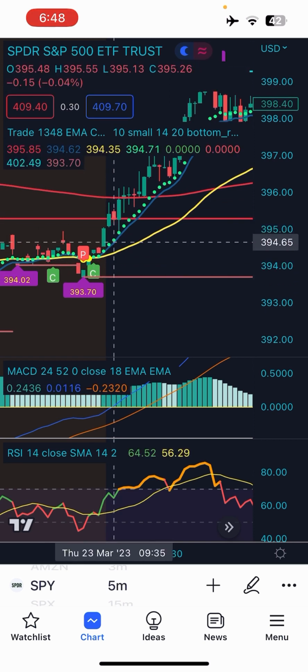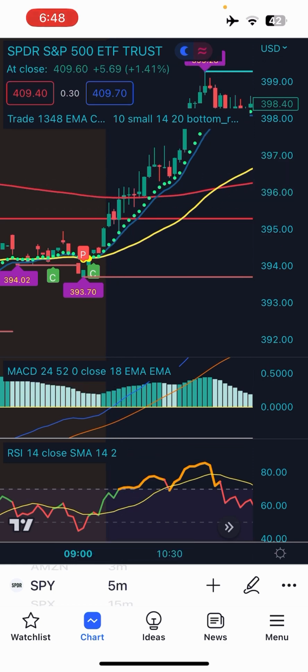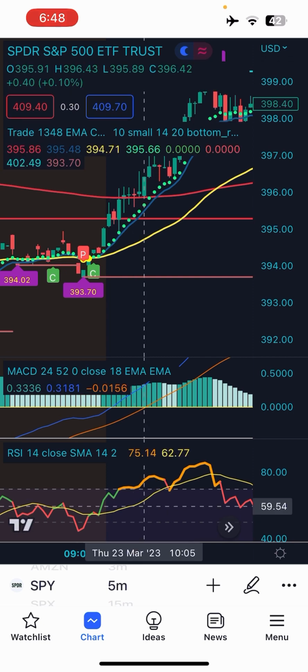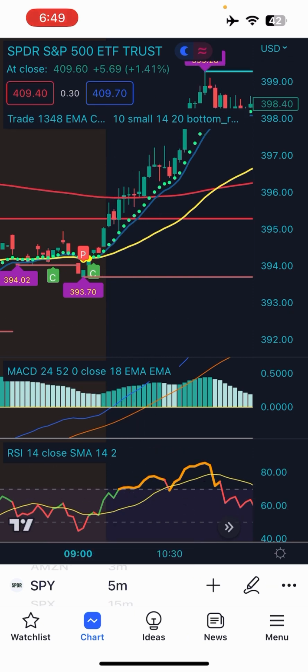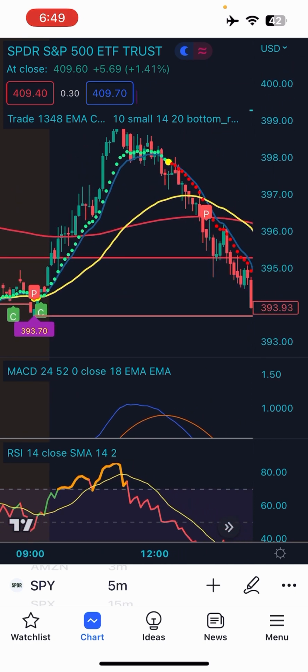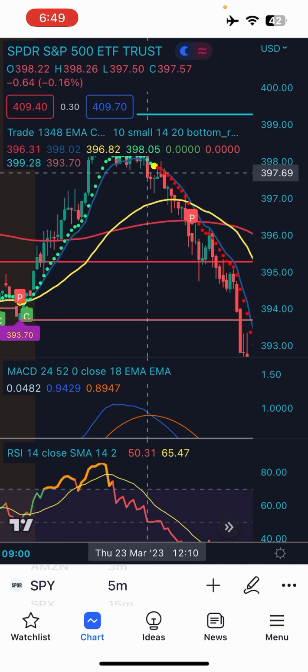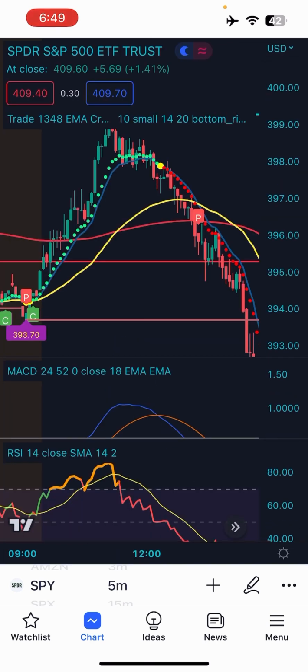EMA crossover. Watch the 200 EMA line. What's the MACD doing at the moment? What's the RSI doing at the moment? And I got in the trade. That's how I do it. And basically right here, you can see when the EMA crossovers, right?